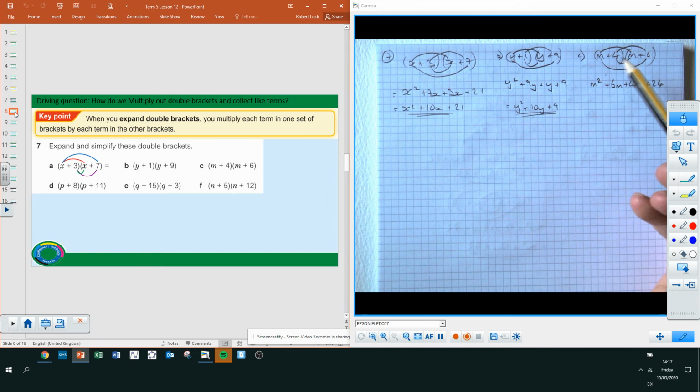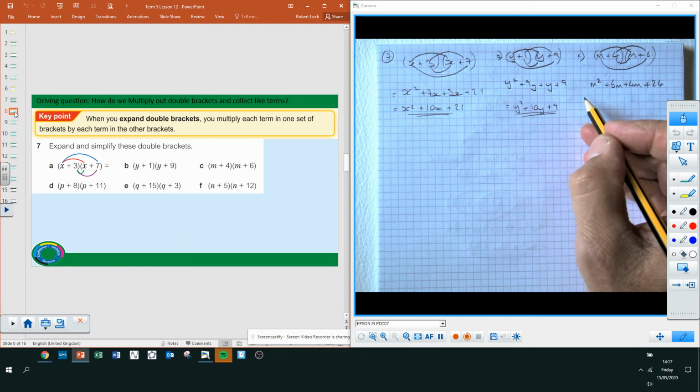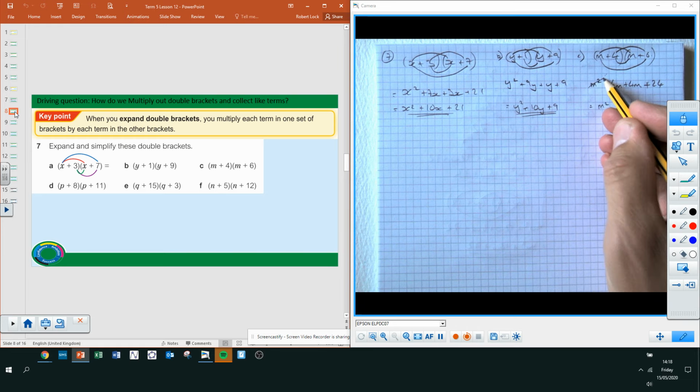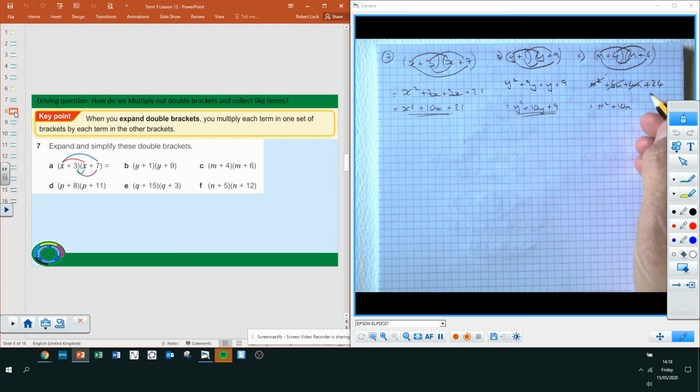So each of the terms in this bracket is multiplied by each term in the bracket there. So collecting like terms equals m squared, 6m plus 4m equals 10m, plus 24. Answer.